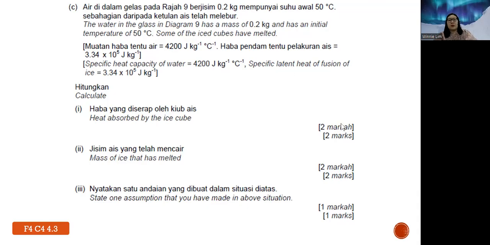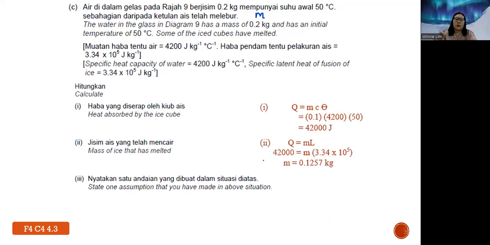Okay, so see what is given to you. The quantity being given is what? The mass. So then this is the initial temperature. And some of the ice cubes have melted. So, okay, to calculate, the first idea you actually use is Q equals MC theta.